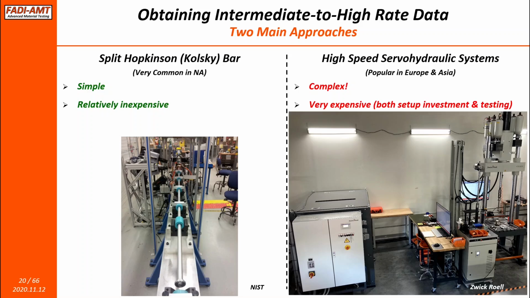And then you have the controller and the high-speed data acquisition system. So you can see the system itself is complicated, large, and therefore it is expensive. And this is one of the main reasons why we see fewer high-speed servo-hydraulic systems compared to the Kolsky bar.